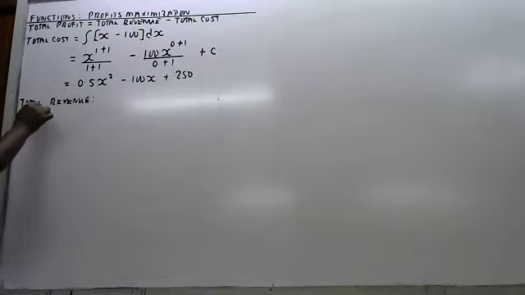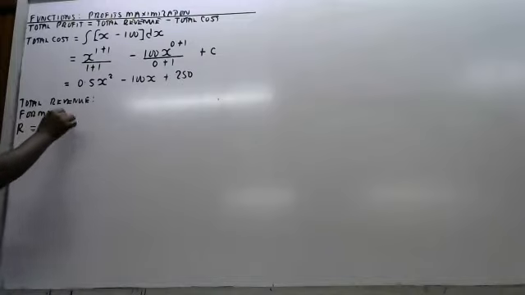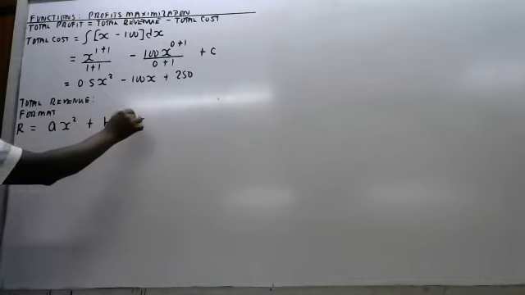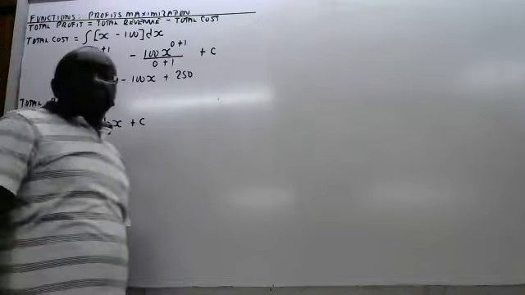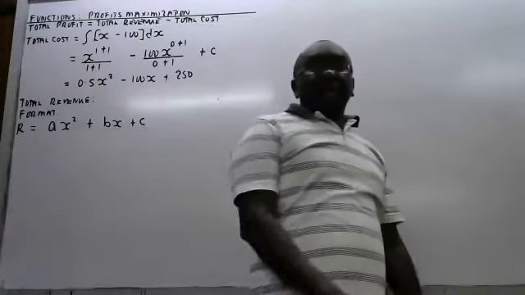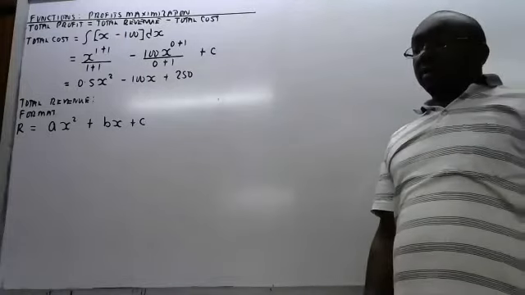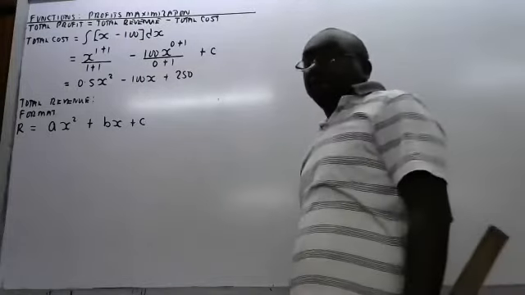So if it is quadratic, we will say that R is equal to AX squared plus BX plus C. That is the format of a quadratic function.